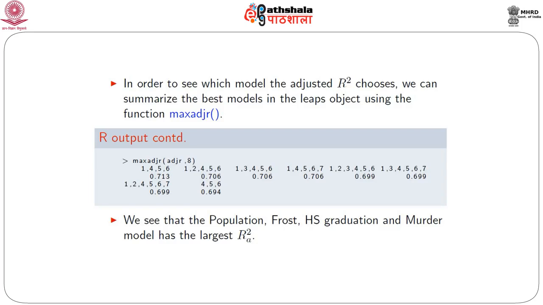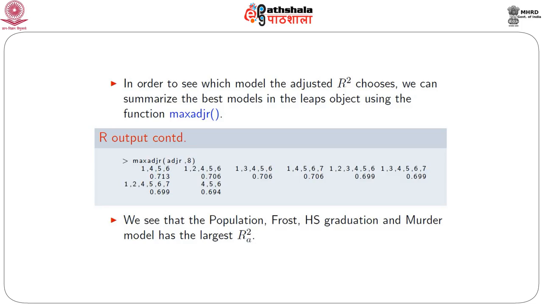For the second model, which contains the first, second, fourth, fifth and sixth predictor variables, the adjusted R square is 0.706. The highest is 0.713, which is for the first model, which contains the predictors population, frost, HS graduation and murder.